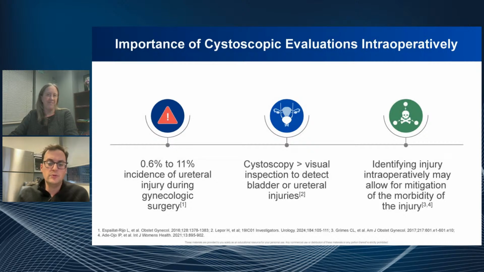The ureters find a spot in our pelvis, in the abdomen, and the retroperitoneum where, unfortunately, when we're doing hysterectomies, removal of tumors, or removal of portions of different organs, they can be injured. And when it comes to something like a ureteral injury or even a bladder injury, when we have a tool like a cystoscope, it's actually pretty easy to identify if something is going on.